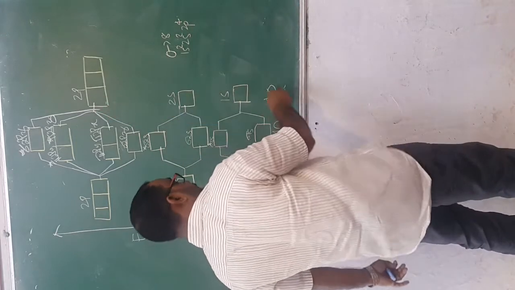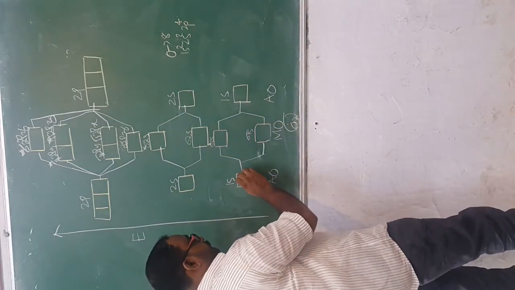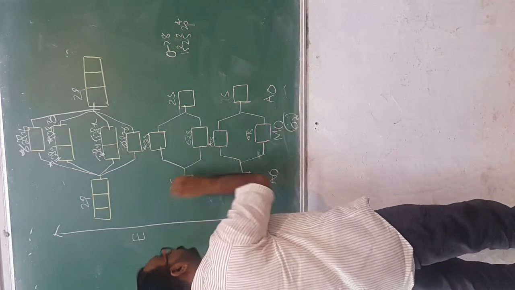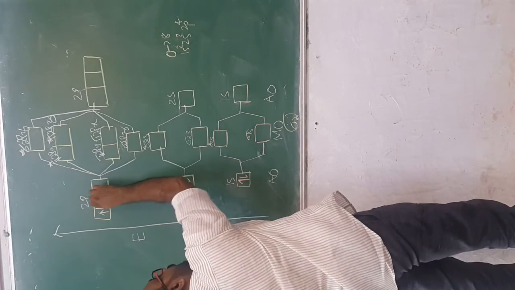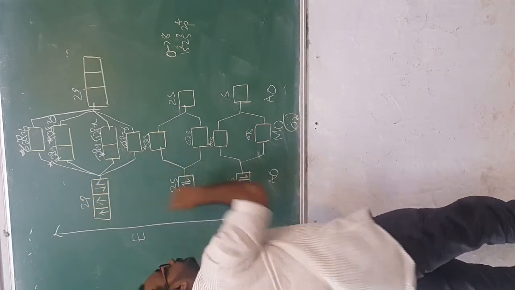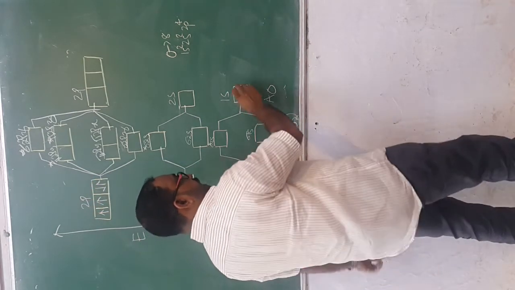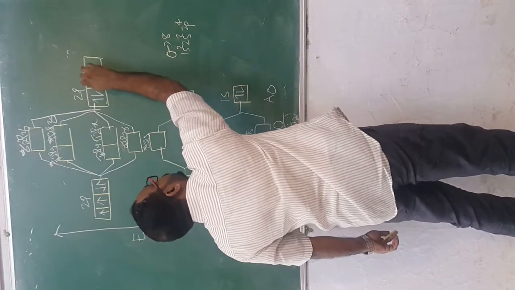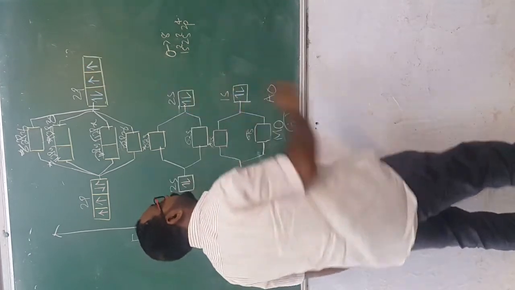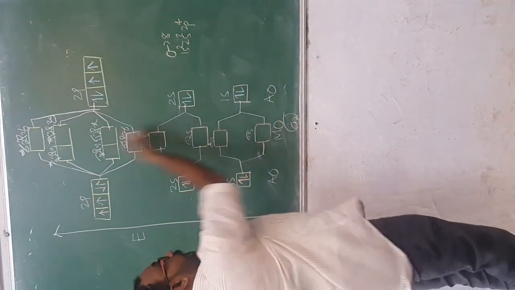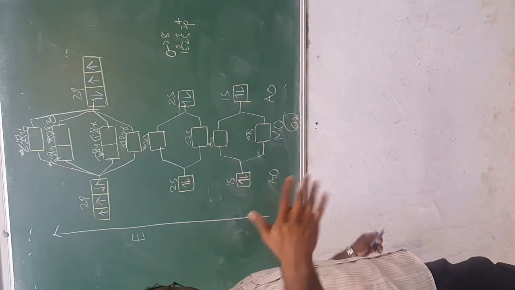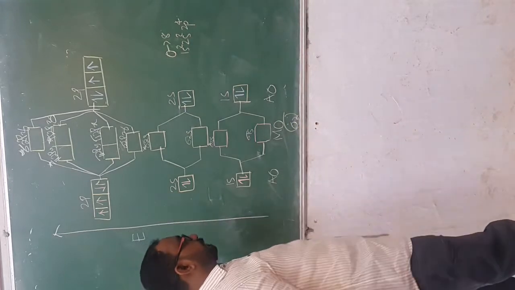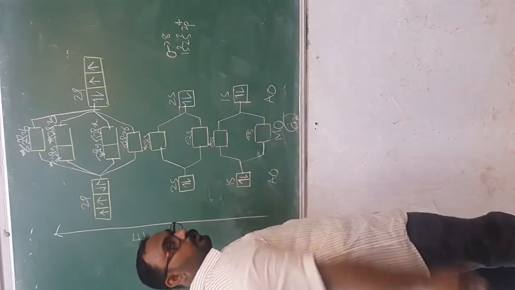So I'll fill the first oxygen atom: 1s2, 2s2, 2p4. The same way for this oxygen atom: 1s2, 2s2, 2p4. And I am going to fill the molecular orbitals according to the Aufbau principle, Pauli's exclusion principle, and Hund's rule of maximum multiplicity. So there are 2 plus 2, 4 electrons.